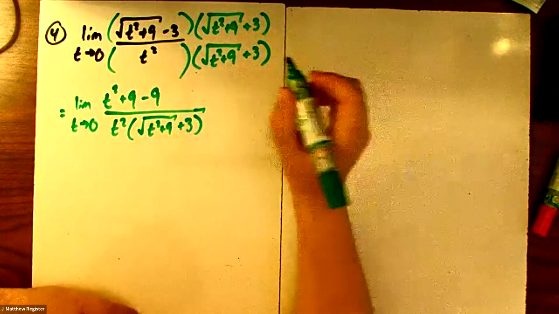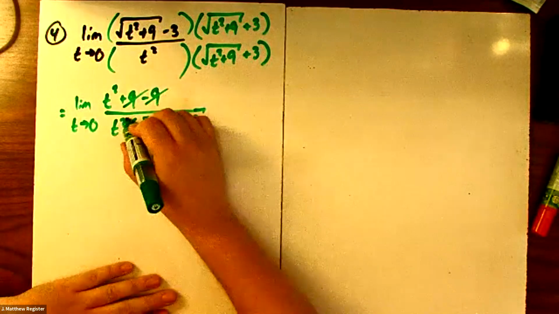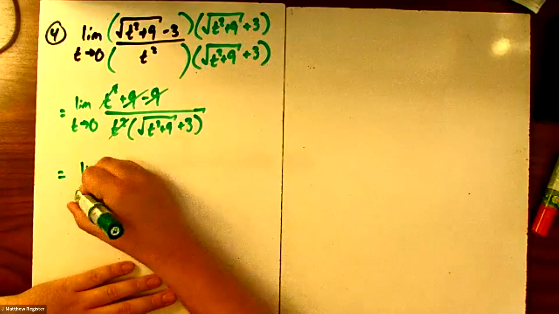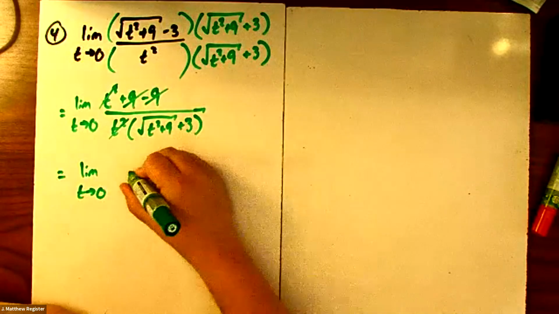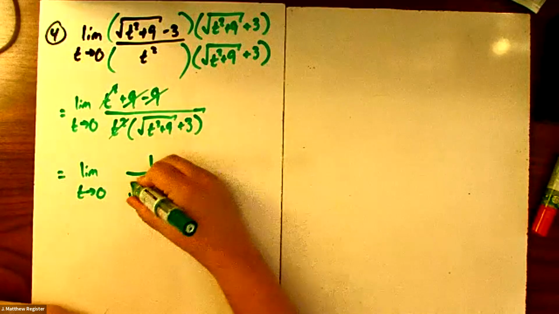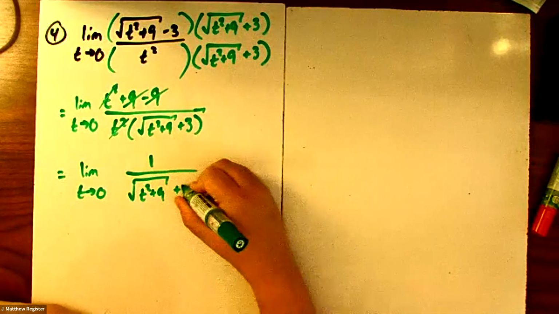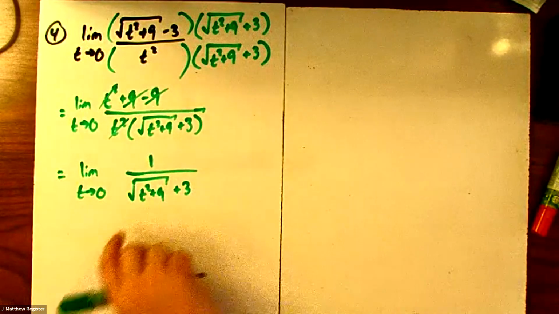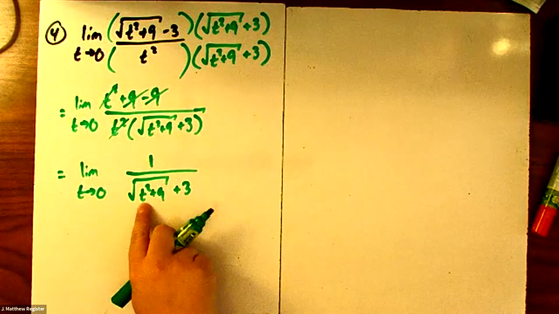But now notice in the numerator, the 9's cancel, which means we can cancel out that t squared as well, giving us the limit as t goes to 0 of 1 over square root of t squared plus 9 plus 3. And you might be concerned because we still have a t in the denominator, but notice we can plug 0 into this now.